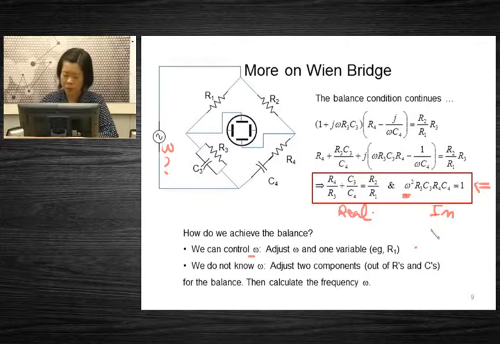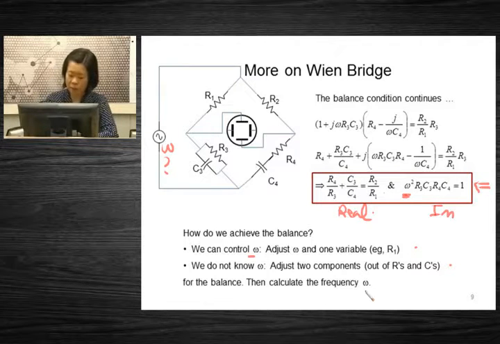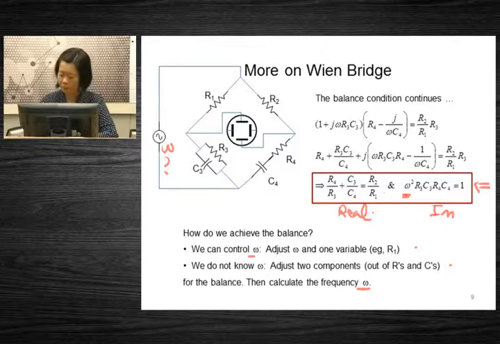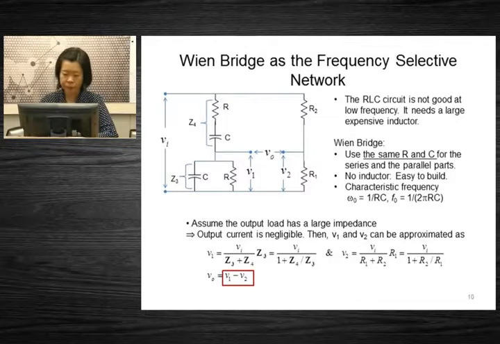For example, we can make both R1 and R2 variable resistances or one of the capacitors a variable capacitor. Anyway, we can achieve balance also. Then we can calculate the frequency. Now, this Wien bridge can be used as a frequency selective network.